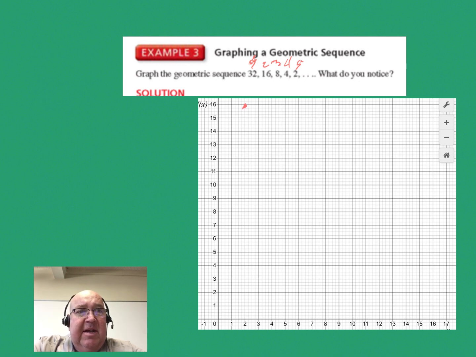And then we're going to have 3 and 8. And it's going to be a discrete graph. Then we're going to have 4 and 4, excuse me, I went one too far, and then 5 and 2. So you see it getting smaller and smaller as it gets closer.